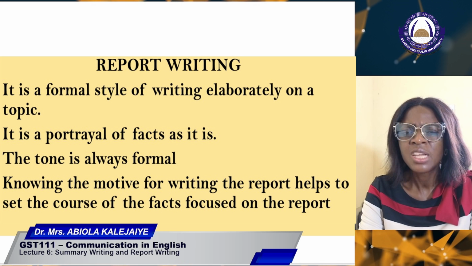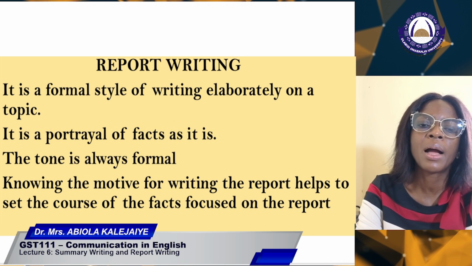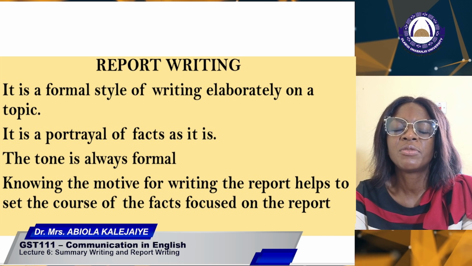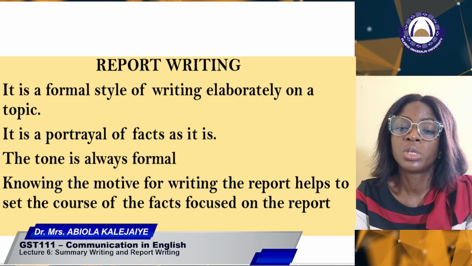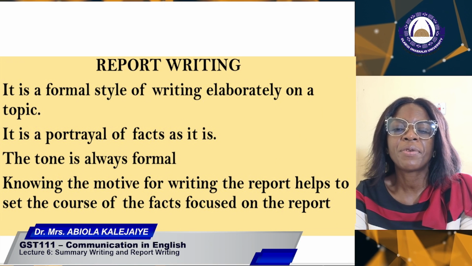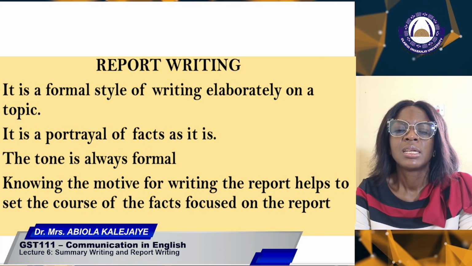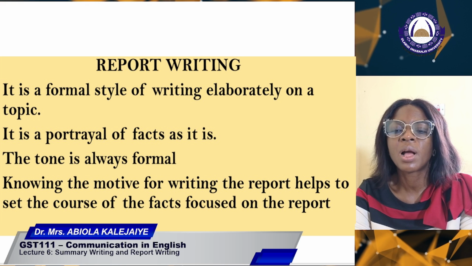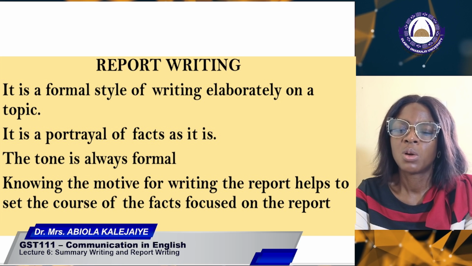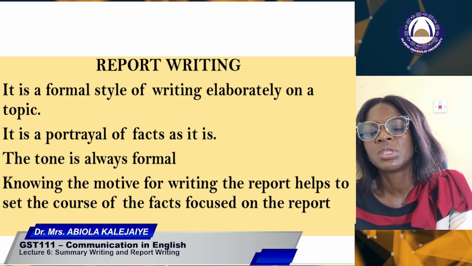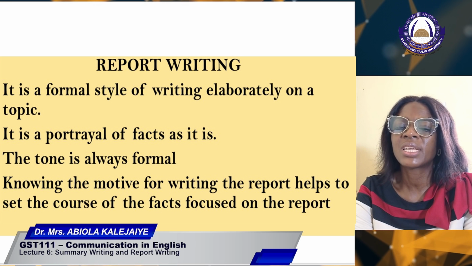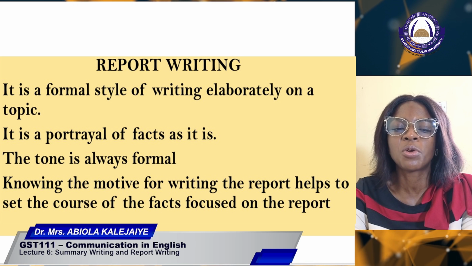So report writing is a bit formal and it has to do with a level of elaboration on a specific topic. Then you portray facts as they are. The tone of report writing is always formal. Then you must know the motive for writing the report. When you're writing a report, you have to know that the report basically helps you to set out the cause of the fact in focus.